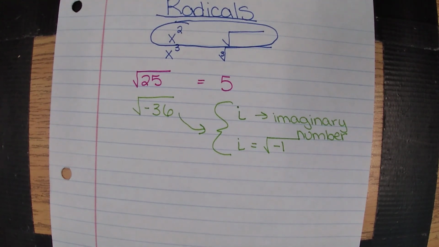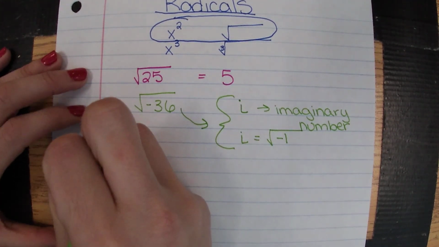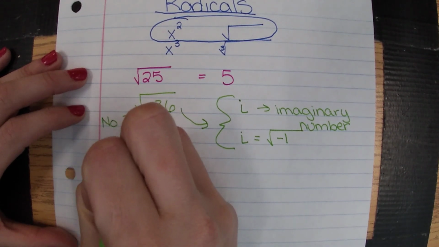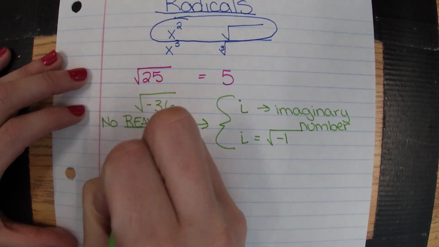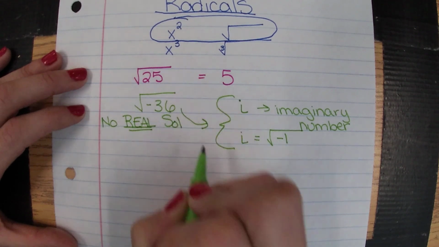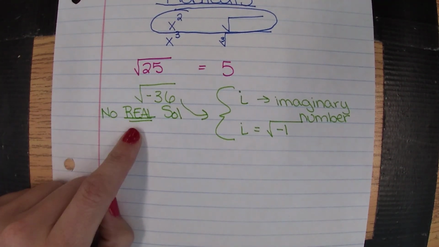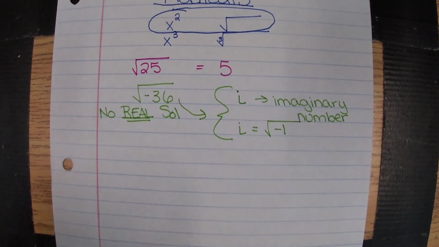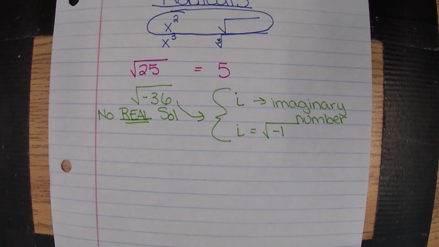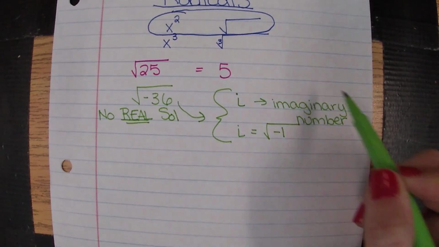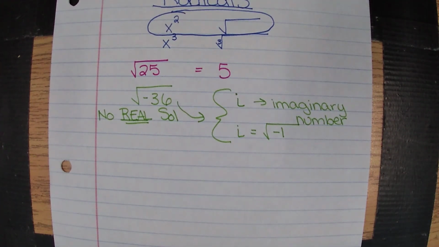So at this point in time, we are going to say that this is a no real solution. It's not that there isn't a solution. The solution falls outside of the real number set, and the solution falls inside the imaginary number set.